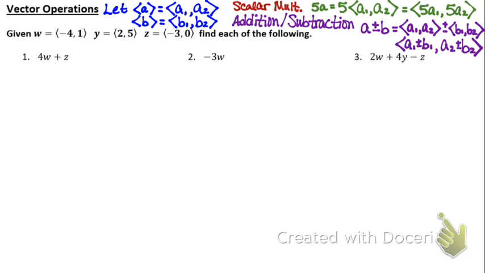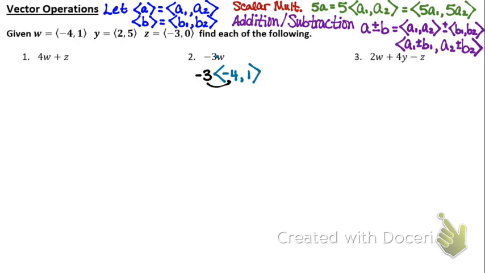So let's practice that with these 3 examples and then we'll call it a day, okay? Let's start with number 2, because it's easier. What's going on in number 2? Just multiplication. So I'm taking -3 and I'm going to multiply that by the vector w. What is the vector w? -4 and 1.